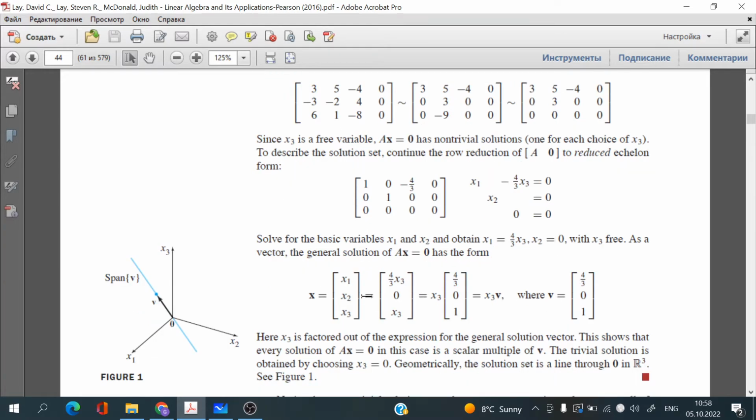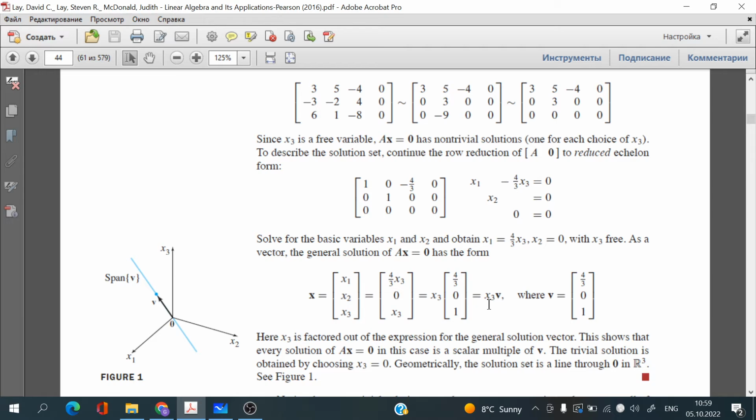Last time I showed you how we can do that. For example, x = (x1, x2, x3), and let's substitute the values. Your x1 equals this value from here, your x2 equals 0, your x3 stays the same. Now let's factor out x3 from the vector, and you get x3 times the vector (4/3, 0, 1).